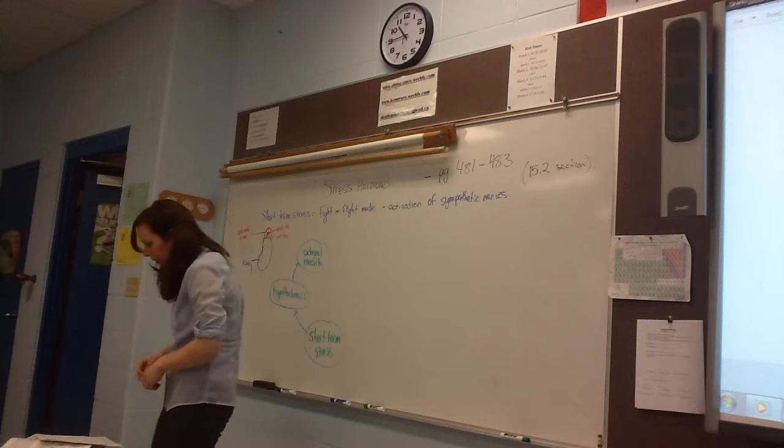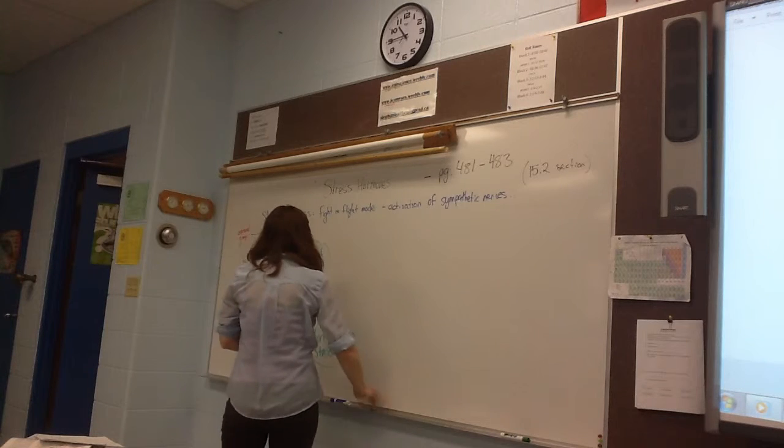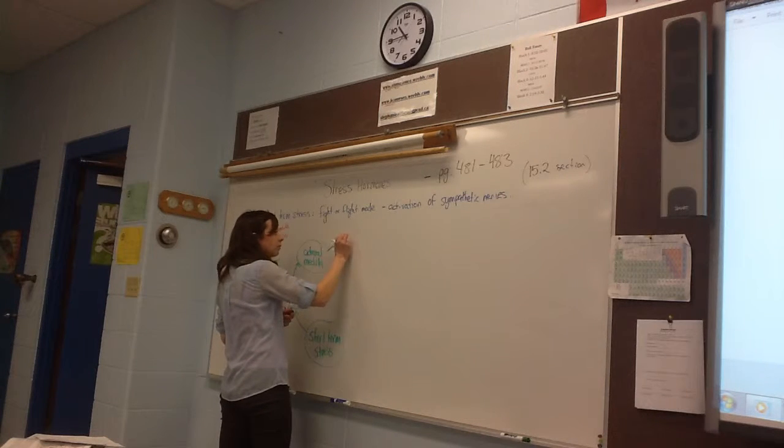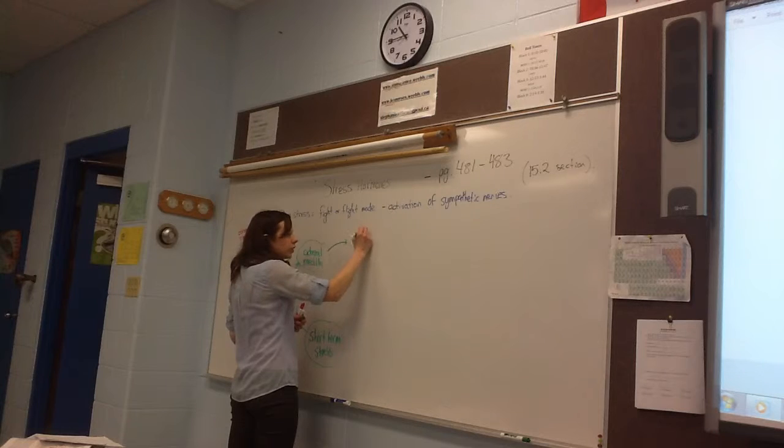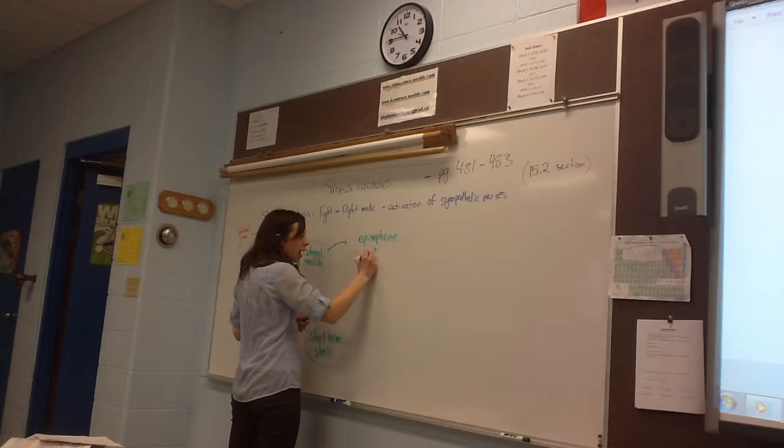All right, so what this adrenal medulla does is it's going to secrete a hormone. The hormones it's going to secrete, actually two of them, are epinephrine and norepinephrine.